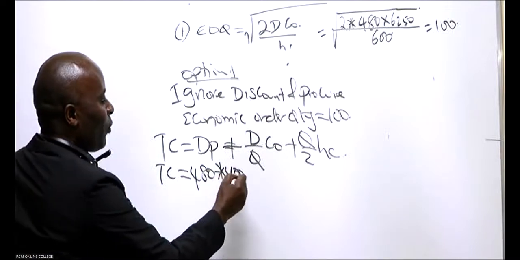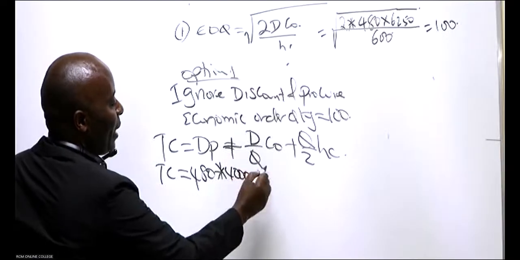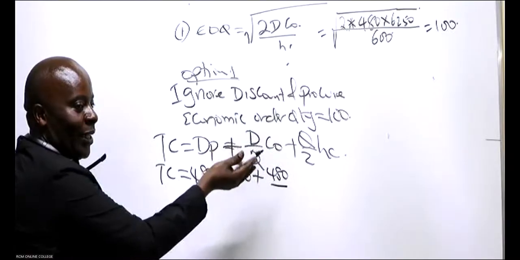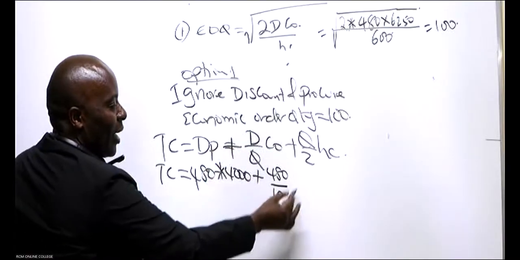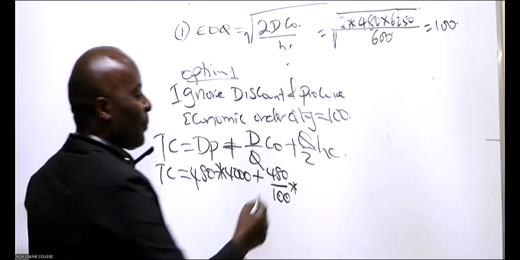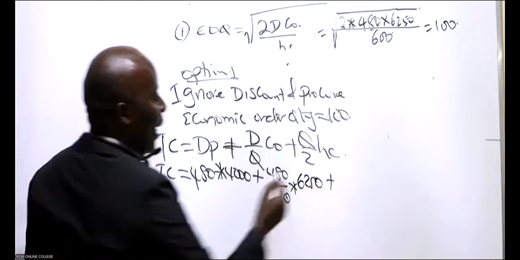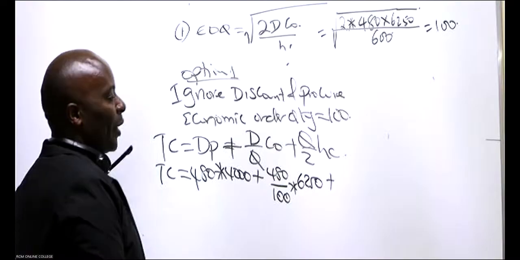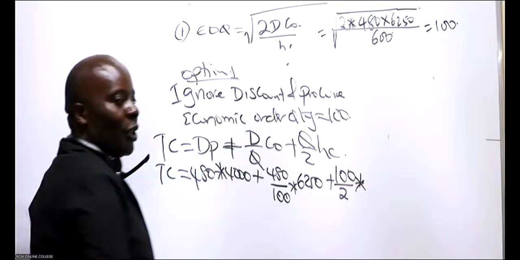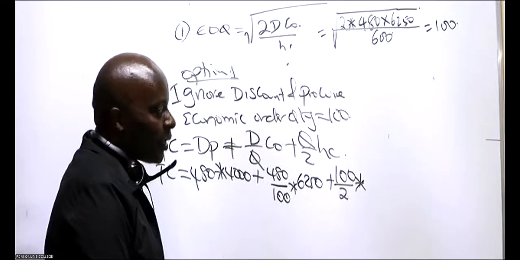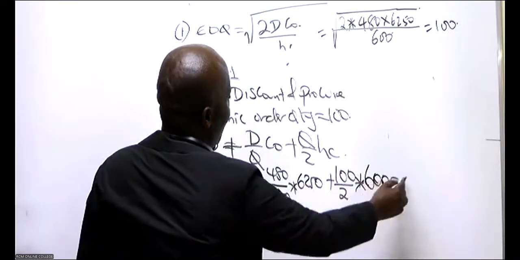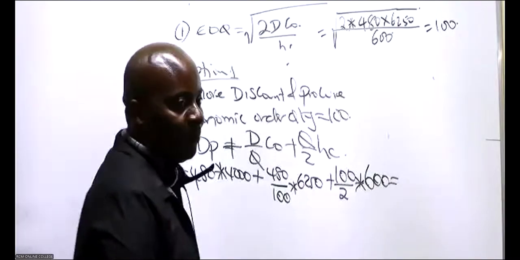So 480 times 4,000 plus annual demand 480 over Q, which is the EOQ quantity, times cost per order, 62.50, plus Q, which is 100, over 2 times holding cost per unit, which we computed as 600. So could you give me this answer?